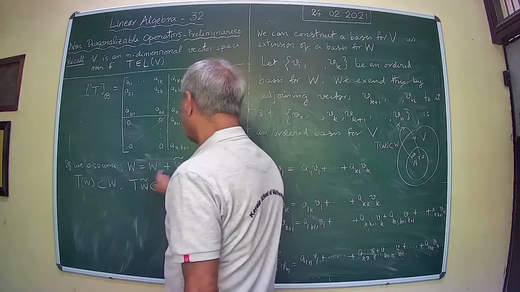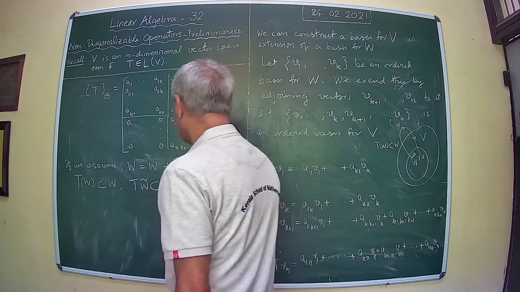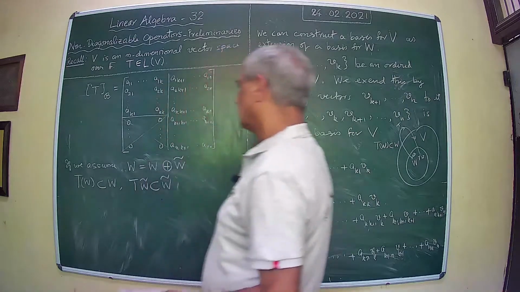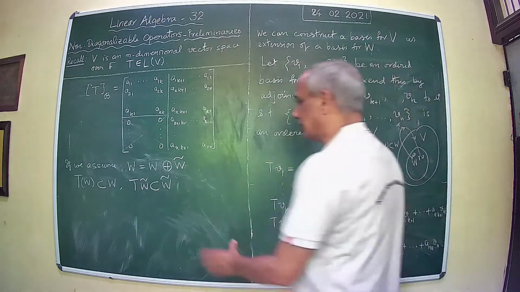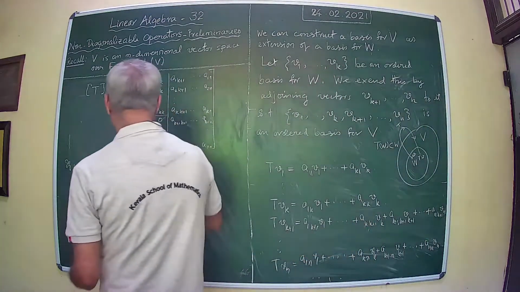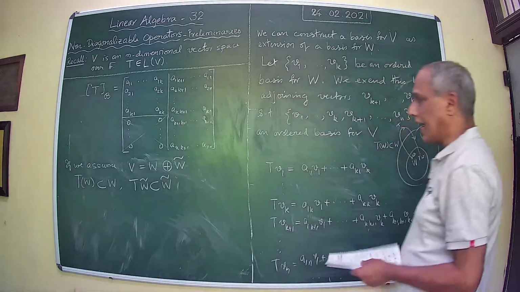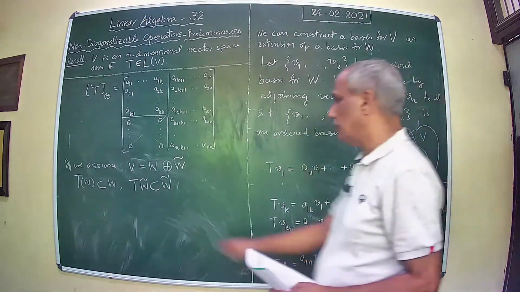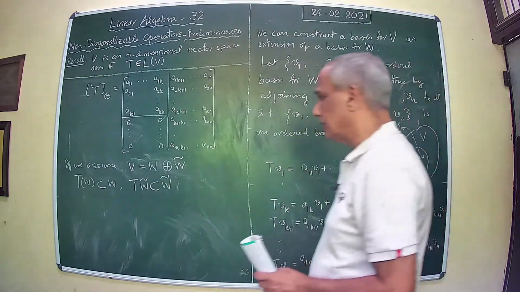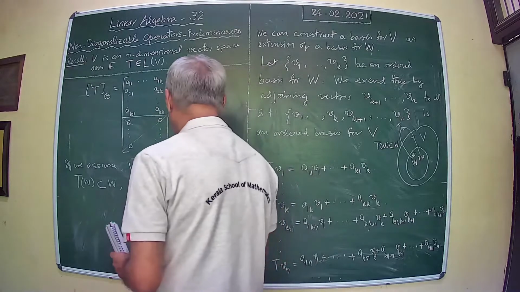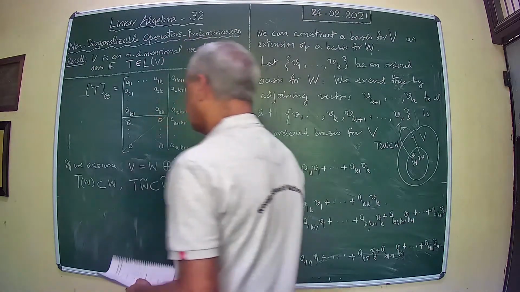Under this assumption, you can construct a basis for V as the direct sum of W and W tilde. And W is invariant under T, W tilde is invariant under T. These are the assumptions that we make.